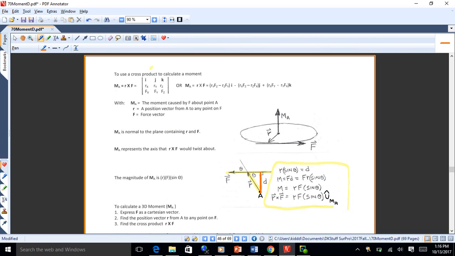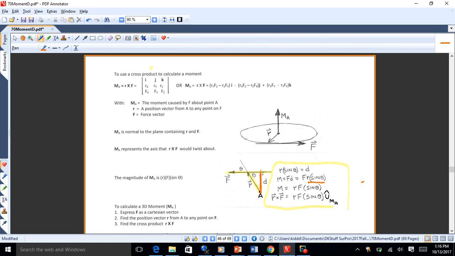So if we take the angle between the vectors, which is theta, and take R sine theta, what we get is this perpendicular distance d. You multiply that by the force. So it just happens to work out that that will generate a moment for us.